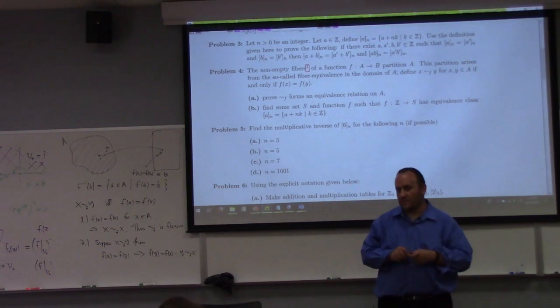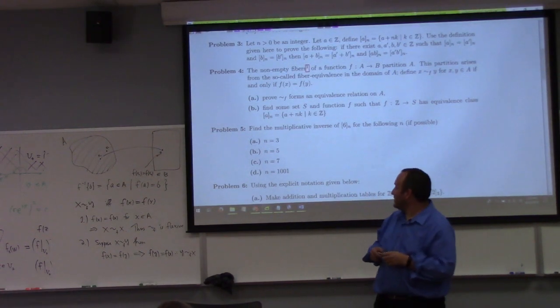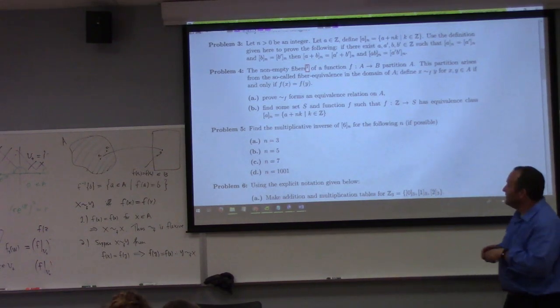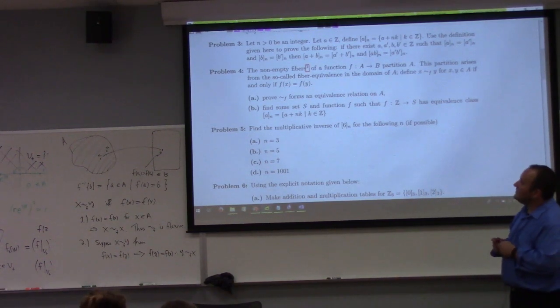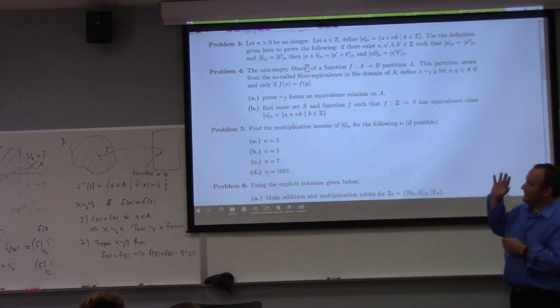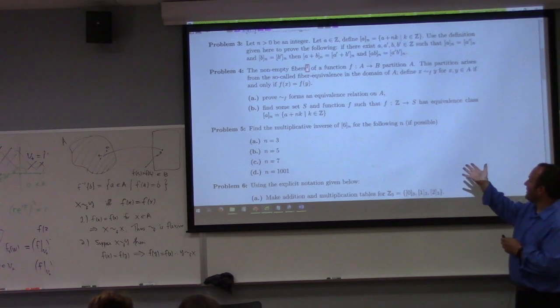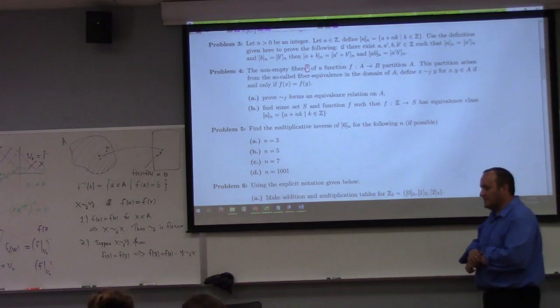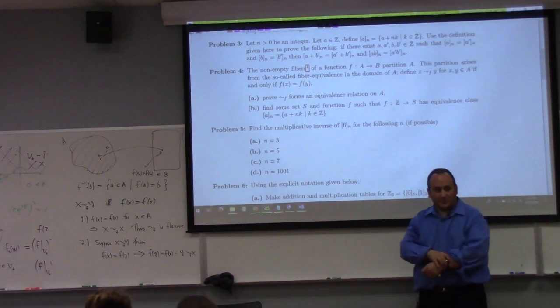Listen, if you're stuck on part B, I'm sorry, but that does involve a certain creative leap. I will just tell you this. Those fibers that I'm proposing, the equivalence class being the fiber, maybe it's helpful to think about division by 2.